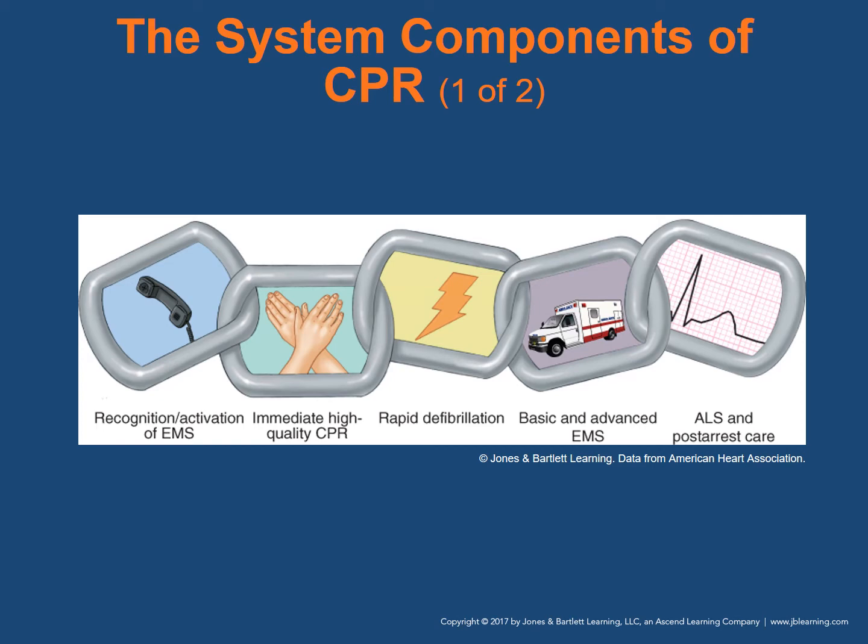But if we find a patient who is unresponsive, pulseless, and apneic, if we activate these 5 links in the chain of survival and all of them are met in an appropriate amount of time, AHA says that the patient has the best prognosis for surviving whatever reason they are pulseless, apneic, and unresponsive.